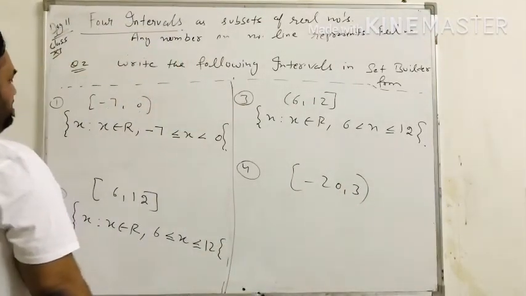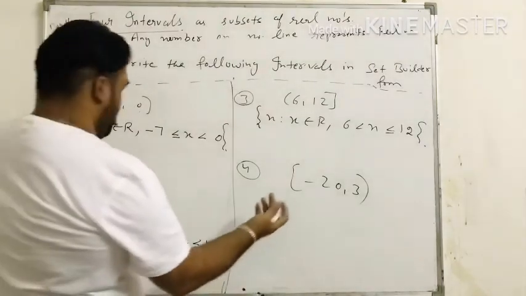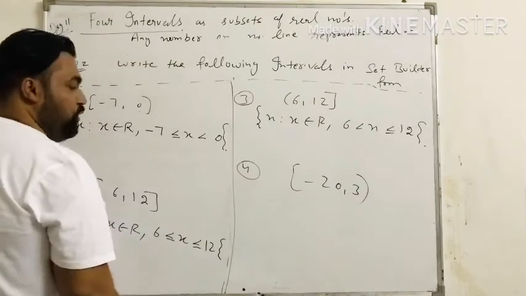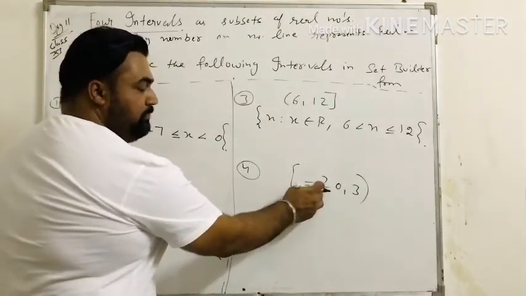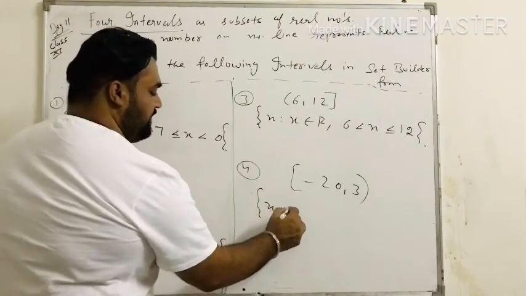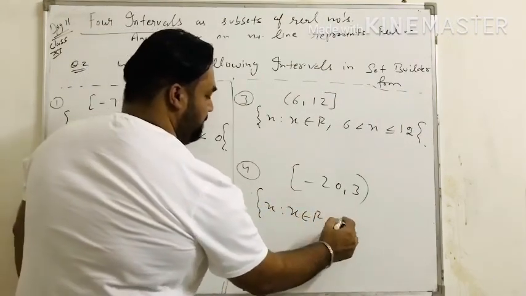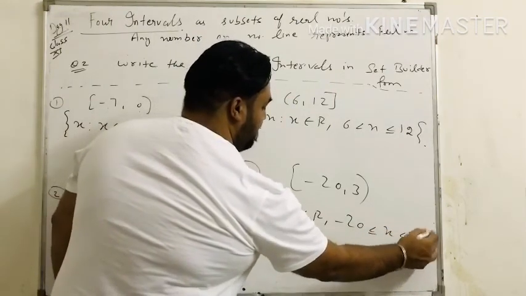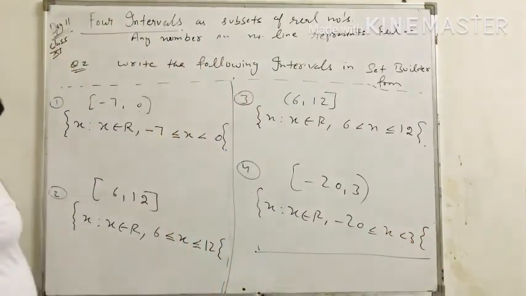Again, this is semi-closed. Semi-closed means this number is included but this number is excluded. So x such that x belongs to R, minus 20 less than or equal to x less than 3.